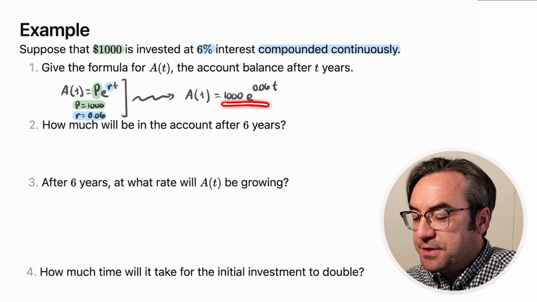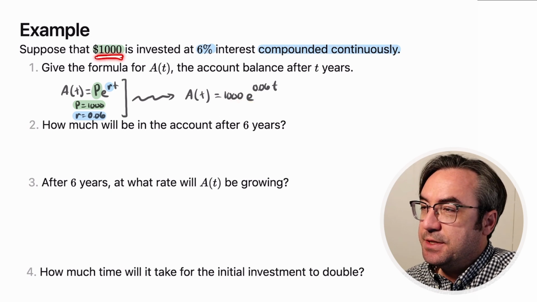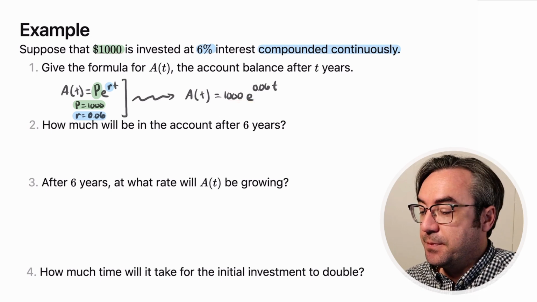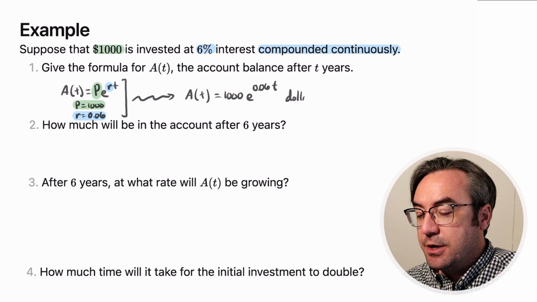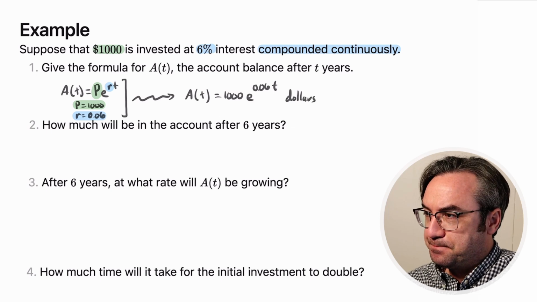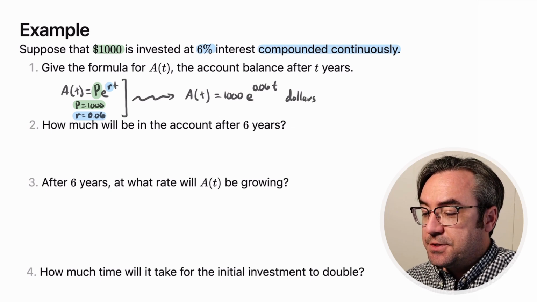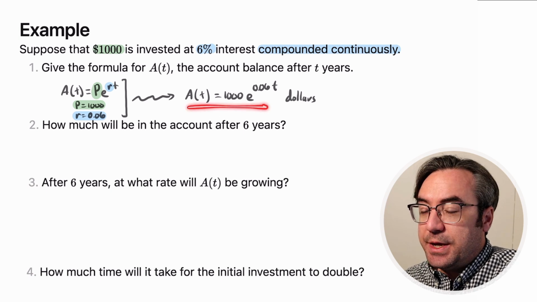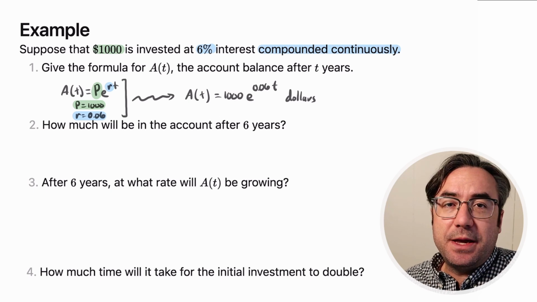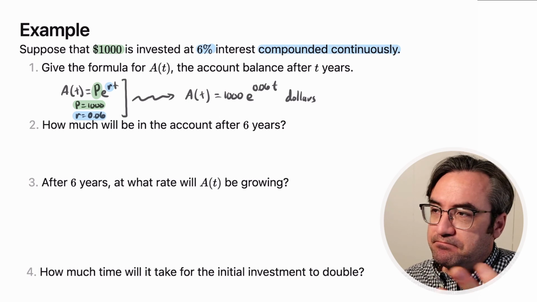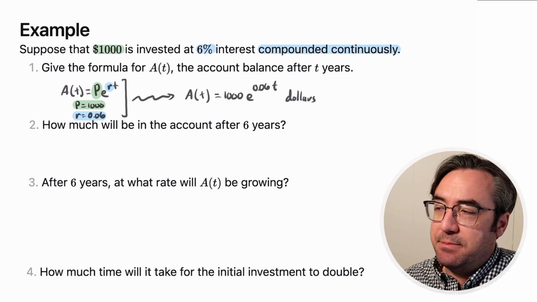And the output of this function has the same units as our principal. So our principal is in dollars, so our output here will also be in dollars. All right, so this function now, we can use to help us make predictions about how much money will be in our account after different lengths of time.